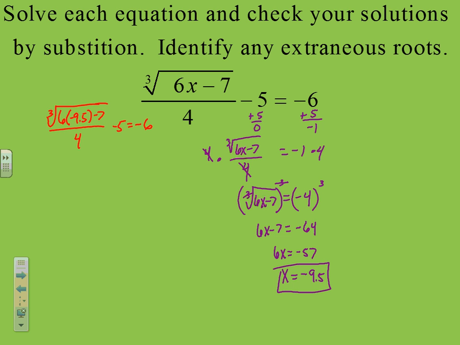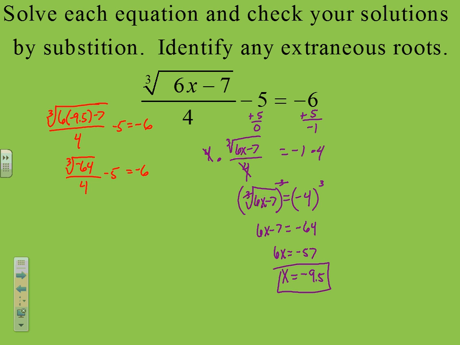Let's see, does it all work out? Underneath the radical, 6 times negative 9.5 minus 7 gives me the cube root of negative 64, over 4, minus 5.